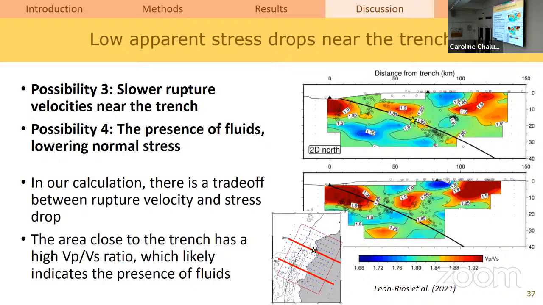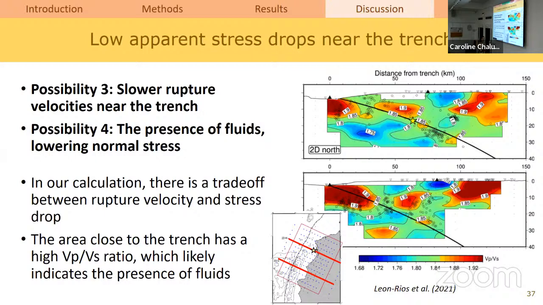This means that we have to look at an explanation that has more to do with friction, and we're not really sure. We can't really tell which of these last explanations could actually be the reasons why we have low stress drops here. The third possibility is that we could have slower rupture velocities near the trench.